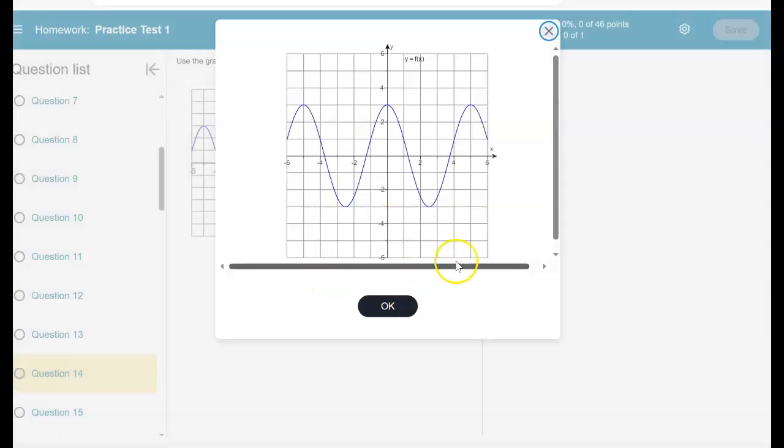All right, so we want f of 5. That means you just look for x equals 5. So you locate x equals 5. This is 1, 2, 3, 4, and that's 5. If you want f of 5, you want to know the y value of the function when x is equal to 5.